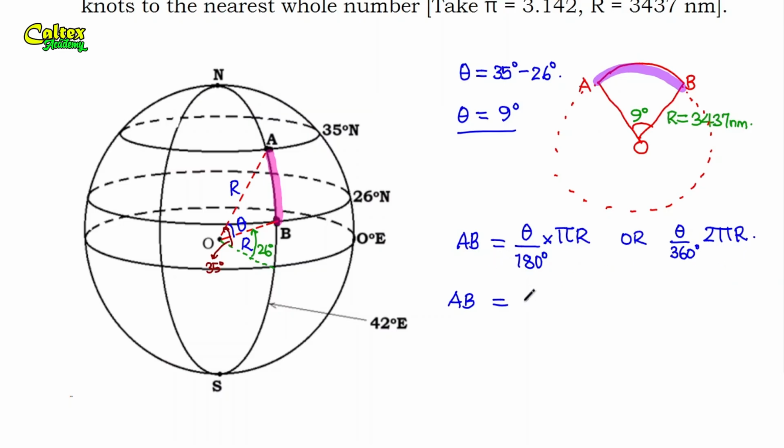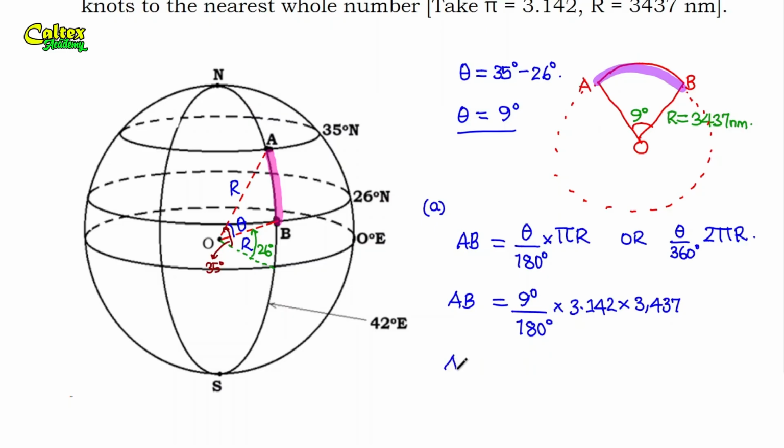So we have here 9 degrees over 180 degrees. By the way, we are solving here part A of the question. So let's number it, and we're multiplying it by pi, and pi is given by 3.14, and 2 times 3,437 as stated here in nautical miles.